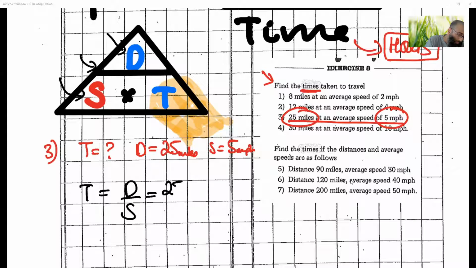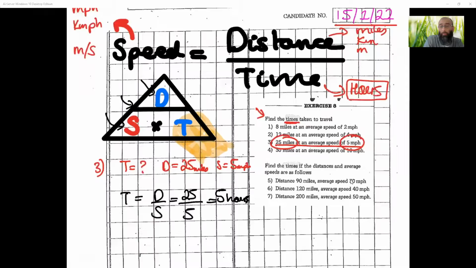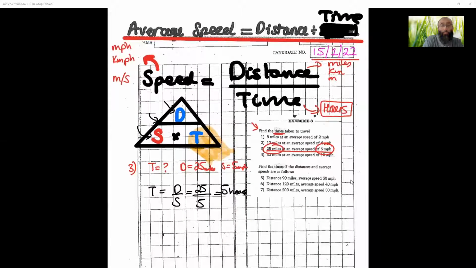So there will be 25 divided by the speed, which will give us 5 hours. That's the first question done. So we state the values, we take the values from the question and write down what the values are. The bit that was missing for us was this bit here, which we worked out. So that's the modeling for the time question.